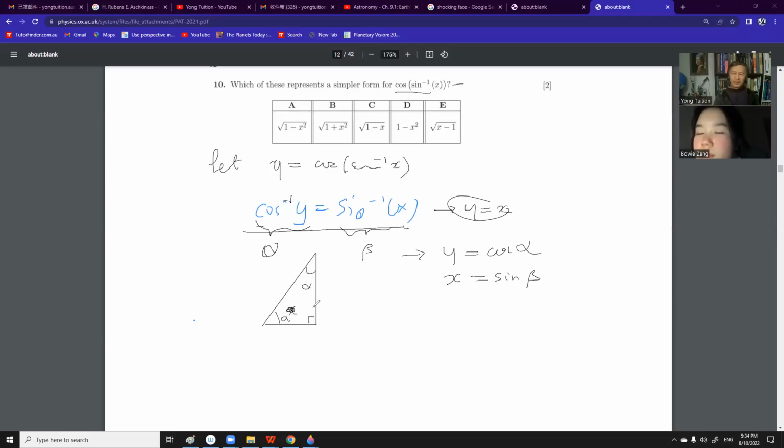X by definition is opposite. Can you see this beta? Can we go to this one? Cosine is opposite over, oh, that's not. Okay, can we go to Y? So Y is the same side as X.